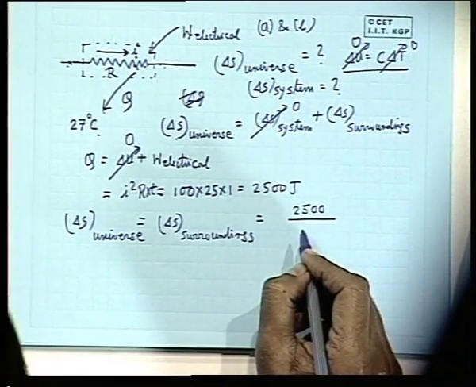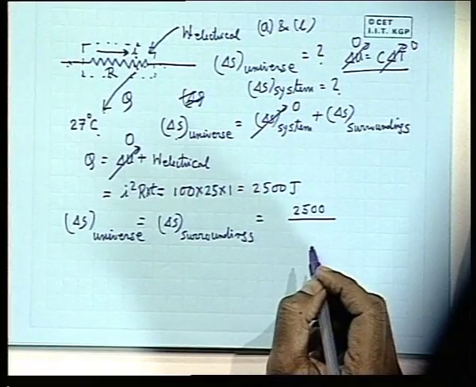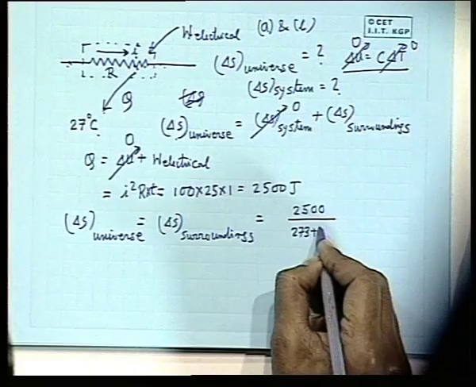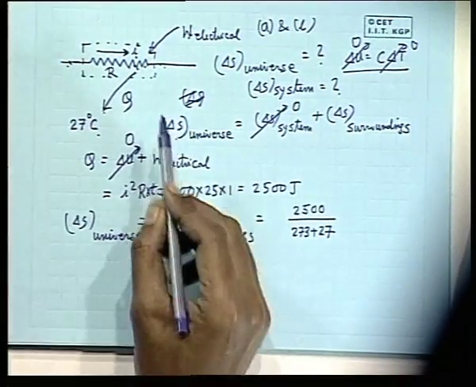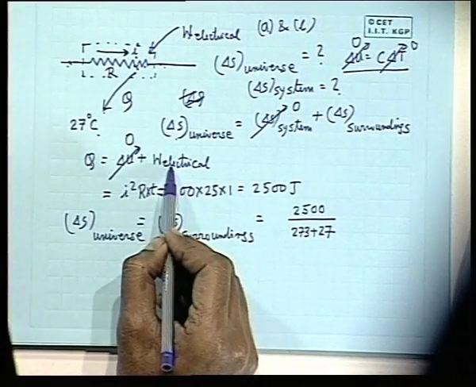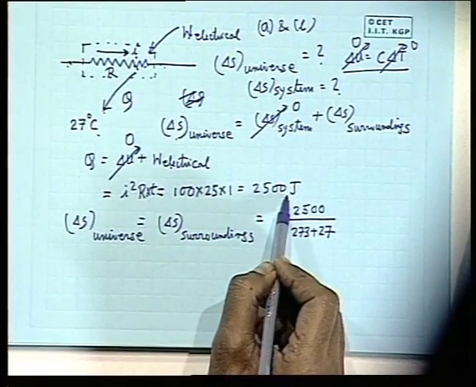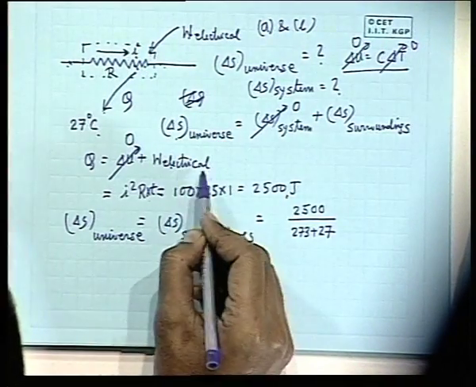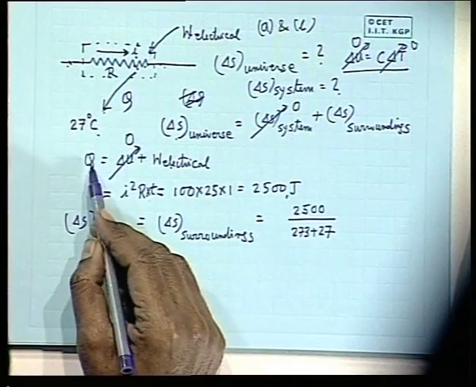Any problem? Please. How can we consider that delta S system is 0? Yes, I am answering this question, but before that, when you write this, Q and W are numerically all right, but you have to follow the sign convention. Here the electrical work is negative and Q is positive.